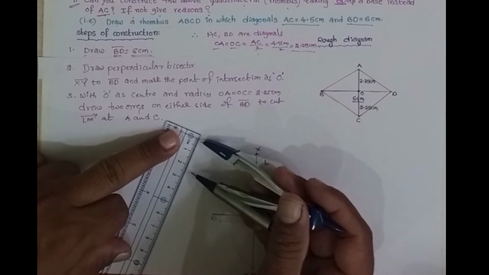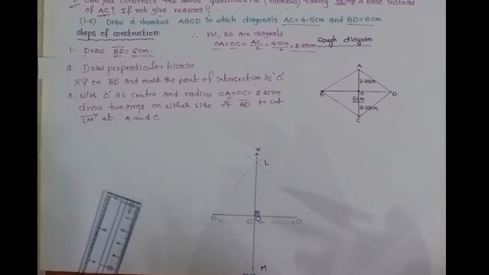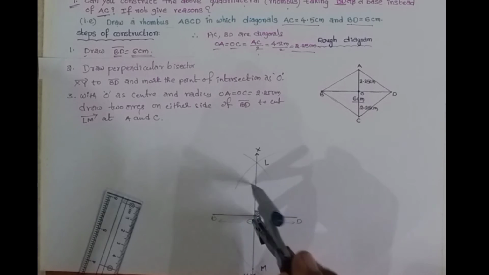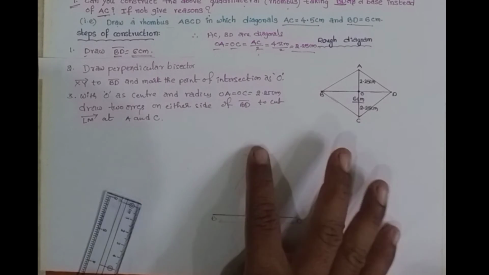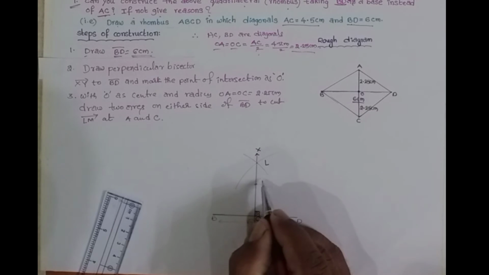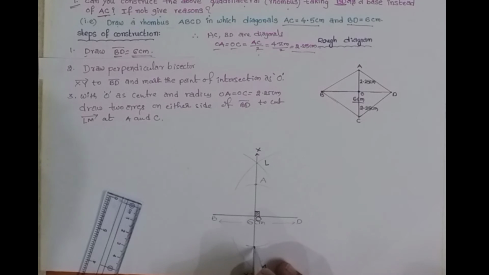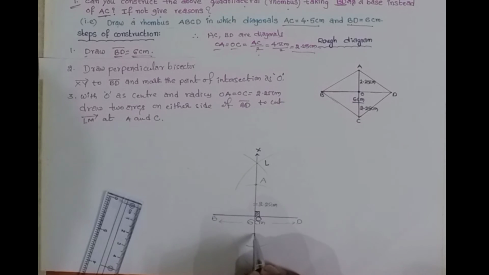Now set the compass to radius 2.25 centimeter and, taking O as center, draw two arcs on either side of the line segment BD to cut XY at point A and point C, where OA equals 2.25 centimeter and OC also equals 2.25 centimeter.